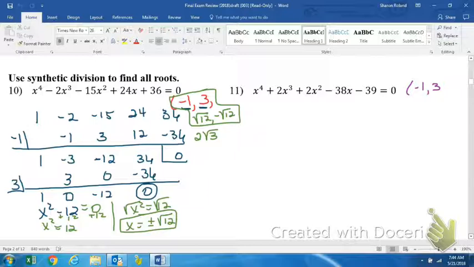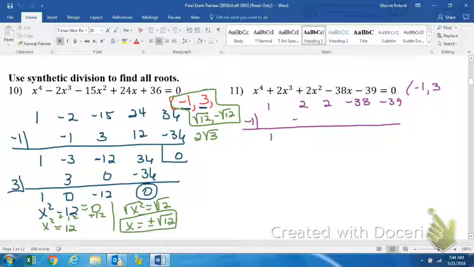So we're going to do synthetic again. And we're going to put -1 in first. Bring the 1 down, that's -1. Combine these and you get 1.